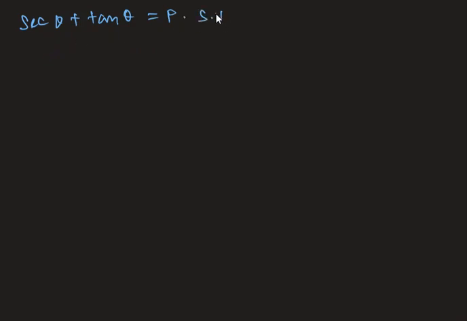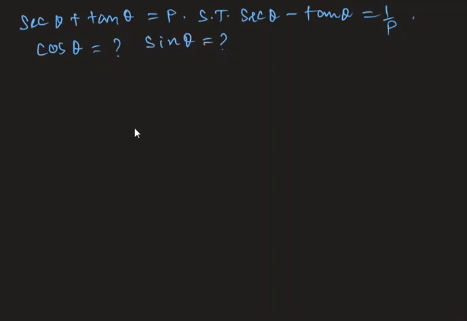Show that secant theta minus tan theta is equal to 1 by P. And you have to find out the values of cos theta and sin theta. So this is the question.